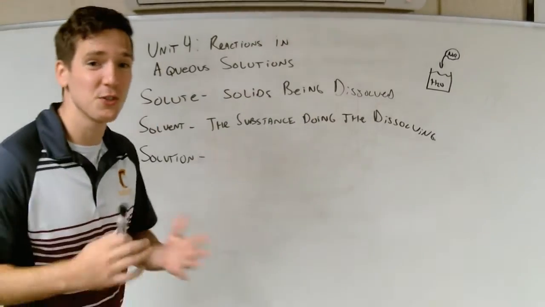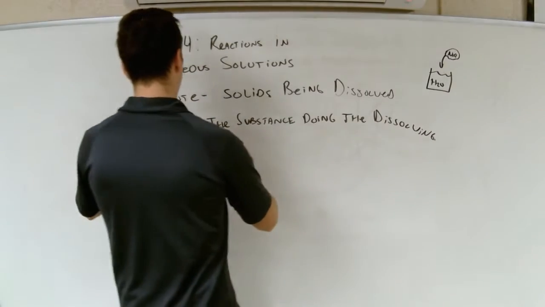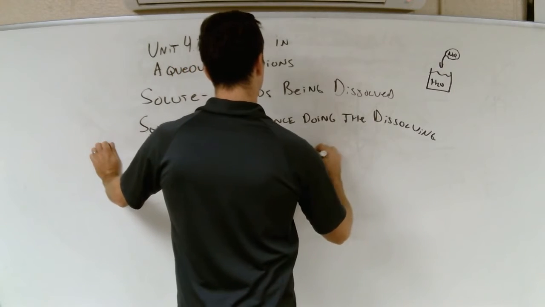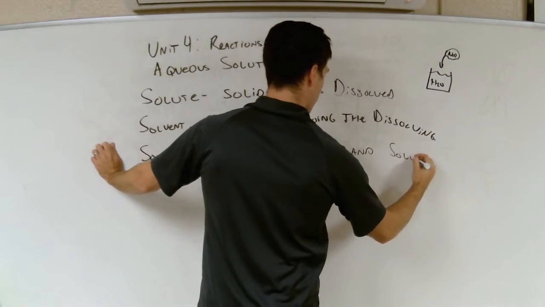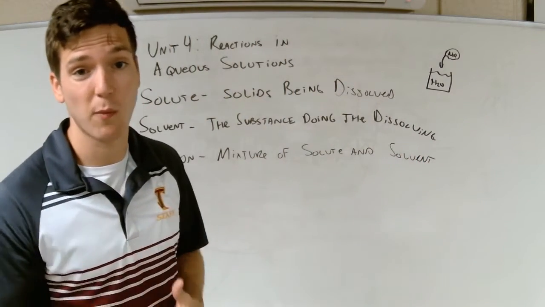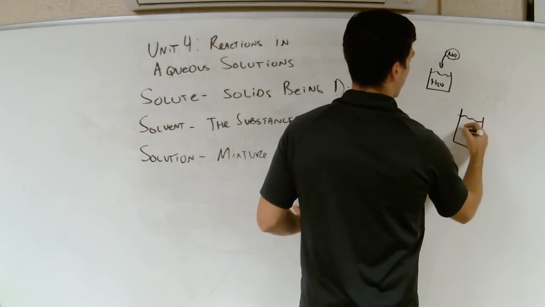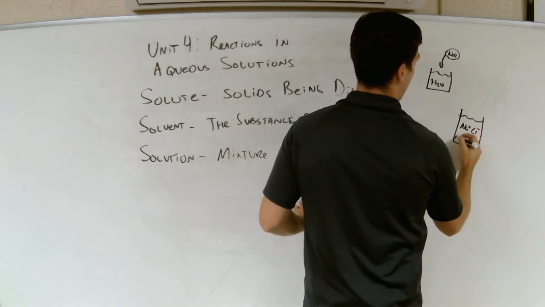So anyway, the solution is the mixture of the solute and the solvent. So once we put that NaCl in that water and it dissolves, it's no longer NaCl in that water, it's a bunch of Na ions and chloride ions floating around.